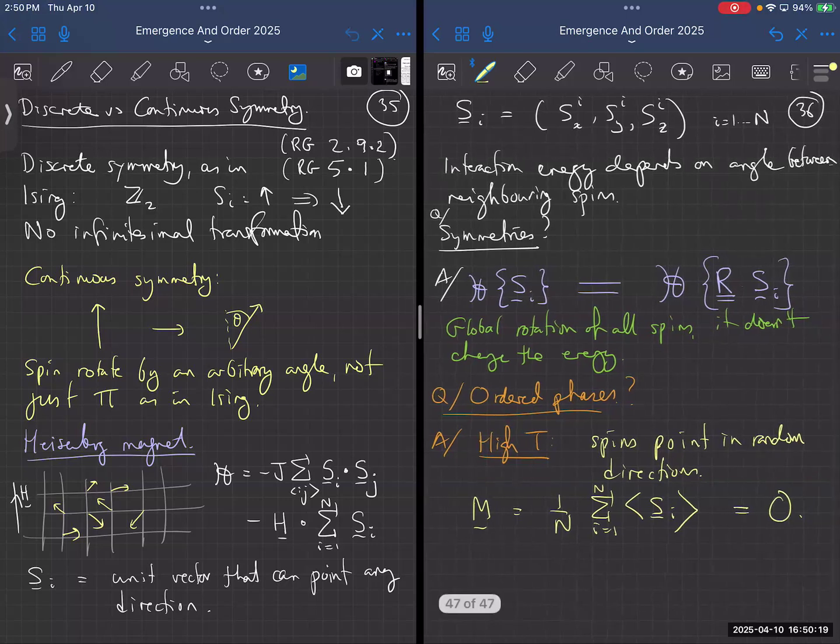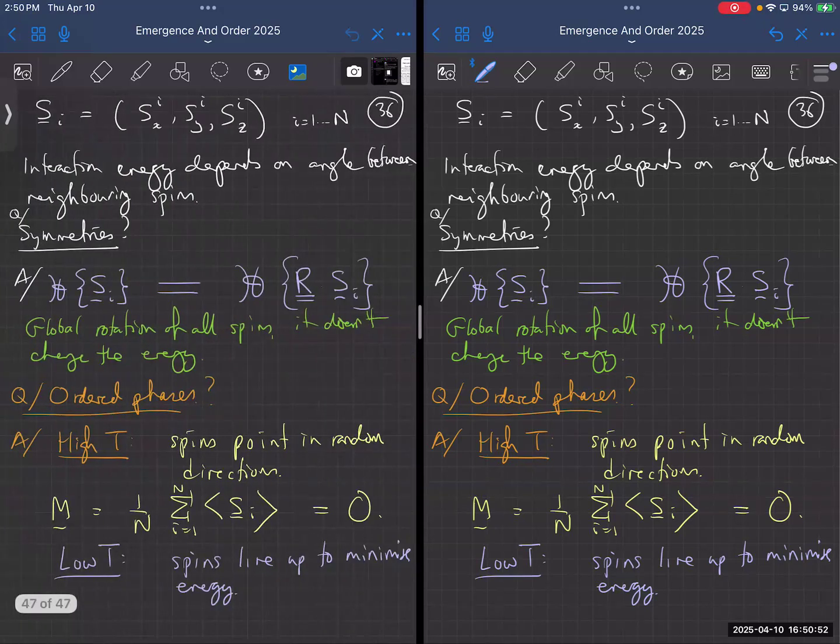On the other hand, for low enough temperatures, well, the spins might line up to minimize the energy. But they're not going to point up or down like we did in the Ising model. They can point in any random direction. So it might just be that they order all pointing in this direction, or all point in this direction, or all point in this direction.